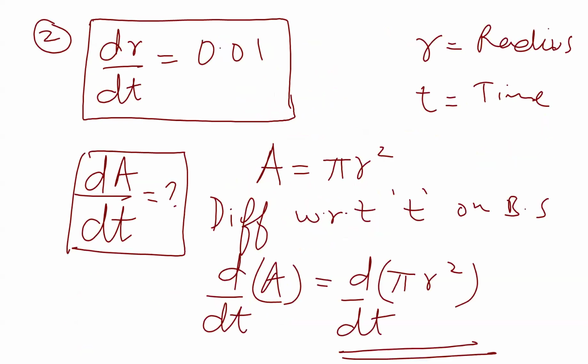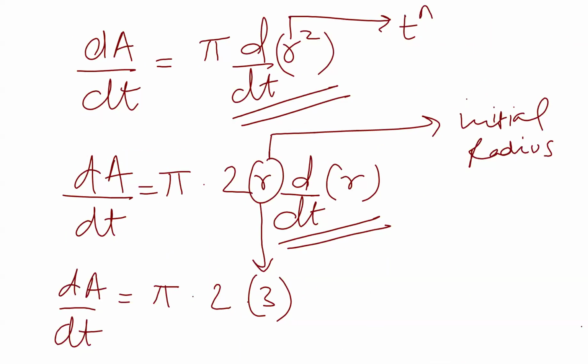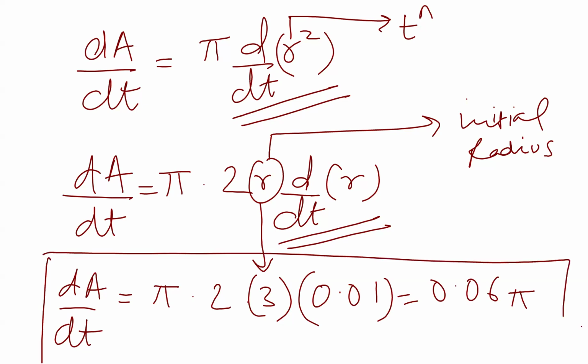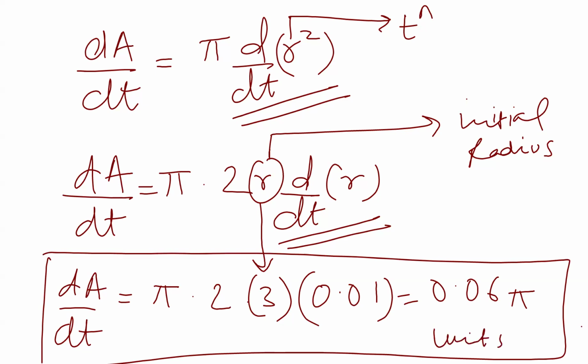Dr by dt. See, 0.01. Okay, it's not 3.01, it is 0.01. Fine. So this will be 0.06 pi. The final answer will be 0.06 pi units. Now it can be centimeter per second, centimeter per minute, centimeter per hour, whatever it is. That time unit is not mentioned in the problem. Hence, I'm just writing units.